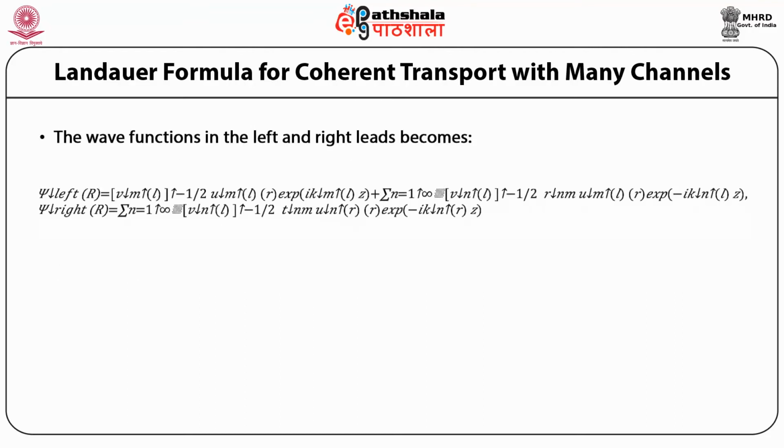The wave functions in the left and the right leads become psi left(r) equal to vlm to the power minus half ulm exp(iklm z) plus summation over n equal to 1 to infinity of vln to the power minus half rnm uln exp(-ikln z). And psi right is given by summation over n equal to 1 to infinity of vrn to the power minus half tnm urn exp(ikrn z).